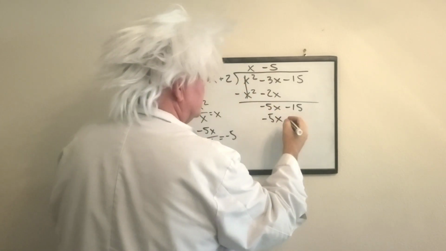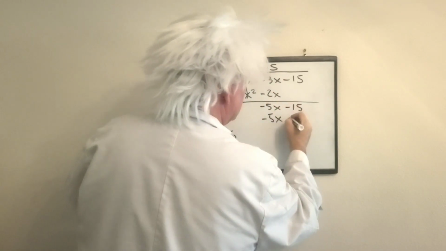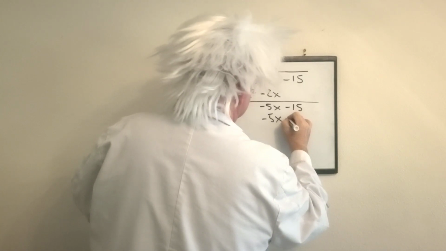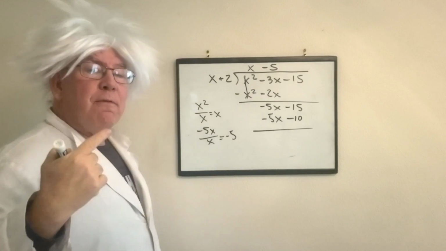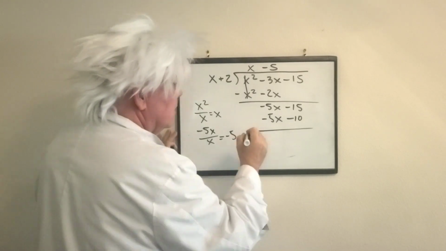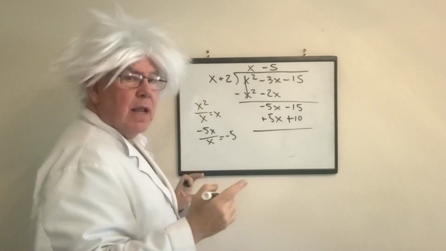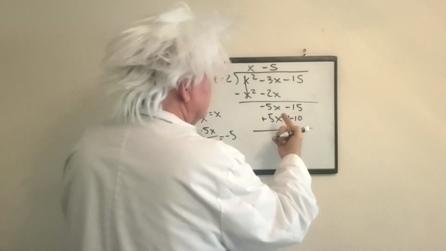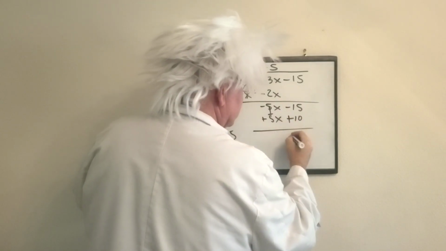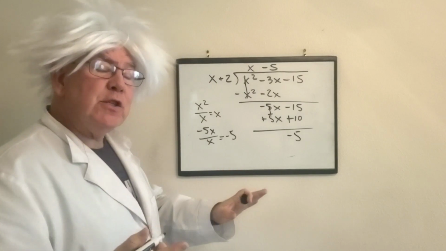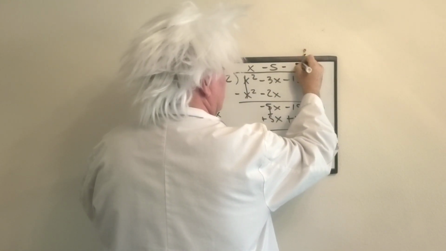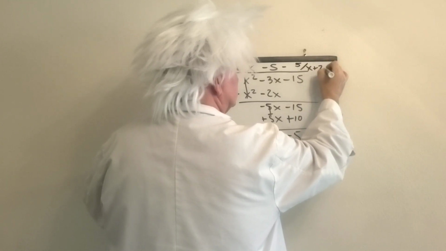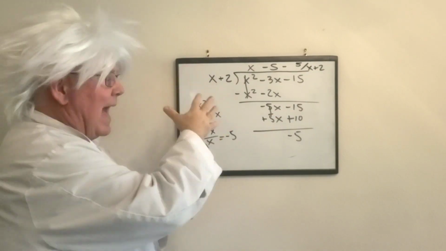And negative 5 times 2 is negative 10. Before we combine, we change the sign. Now watch carefully. This goes away, but negative 5 plus 10 is negative 5. Now, this is our remainder, so watch what we do. We say minus 5 over x plus 2. Okay, so that's how we do this.